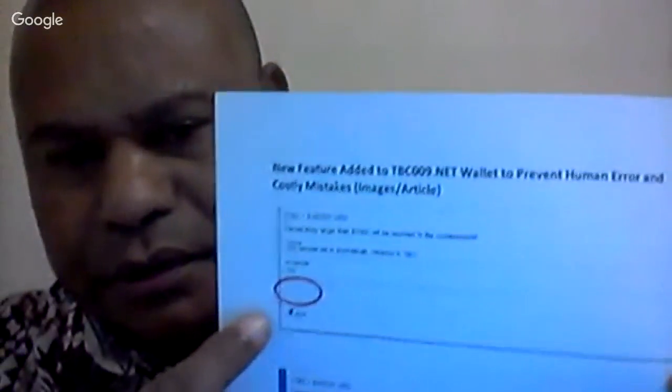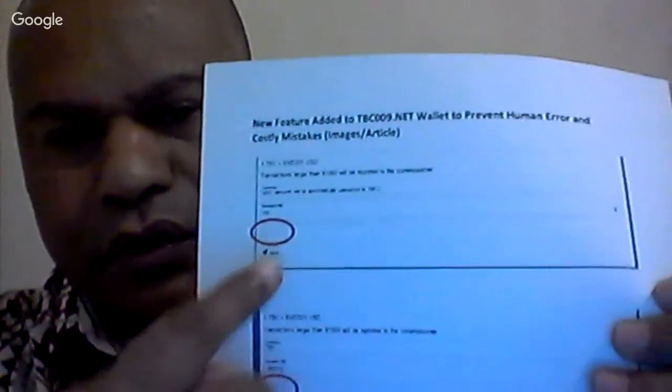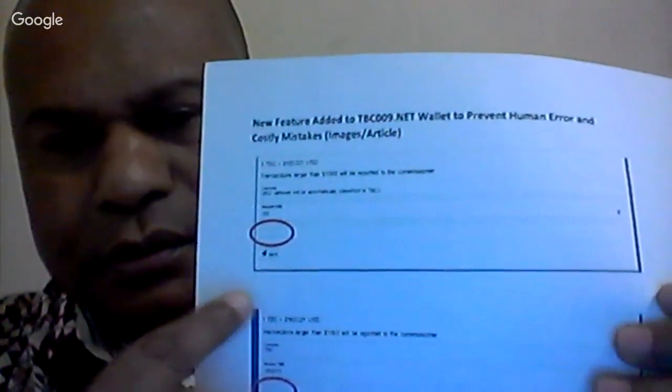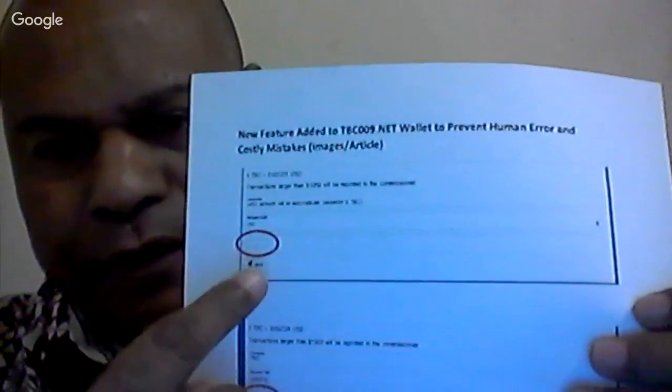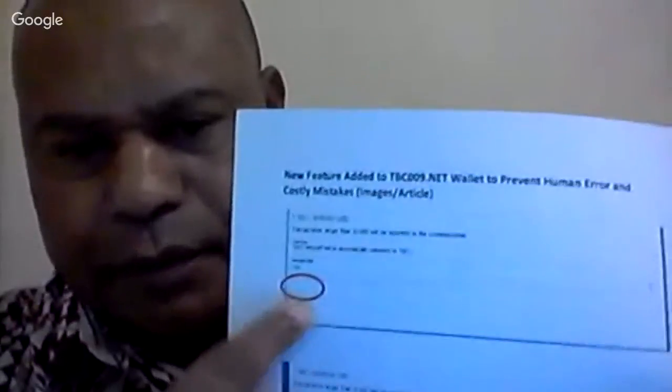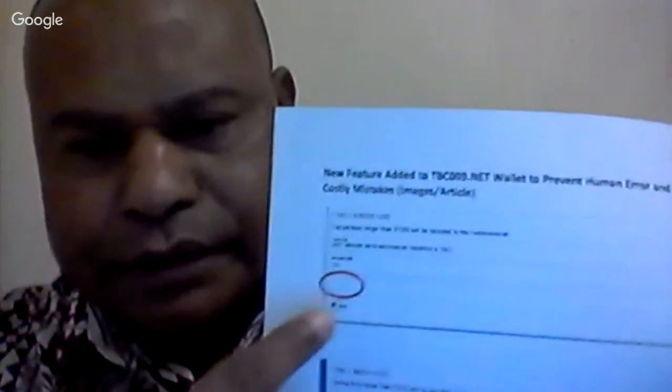So the first image is talking about if you wish to transact using US dollar, the corresponding amount of Kringles that are required is at the bottom of the equivalent amount of US dollar.